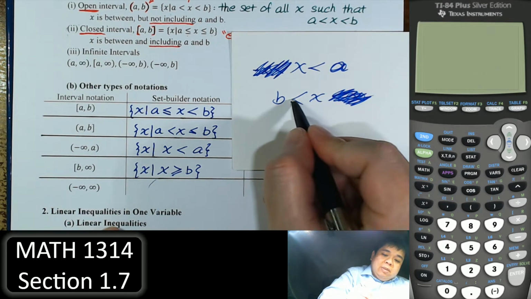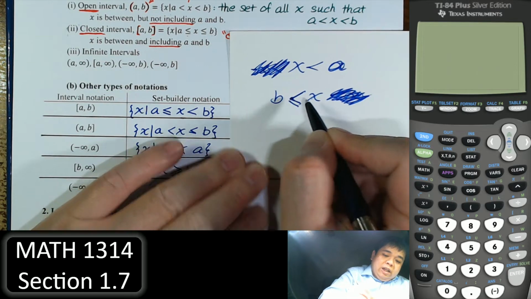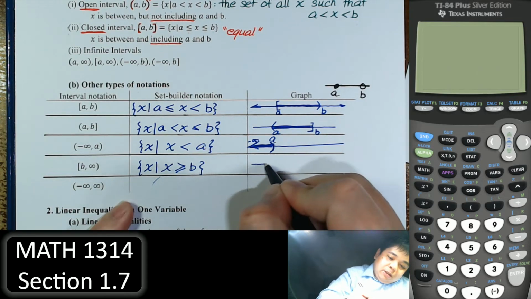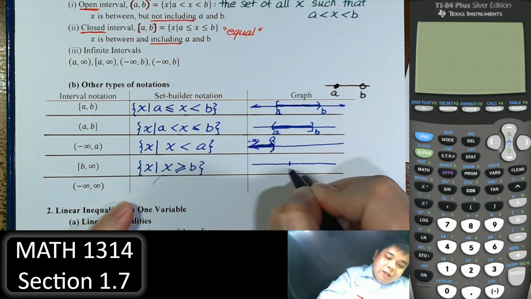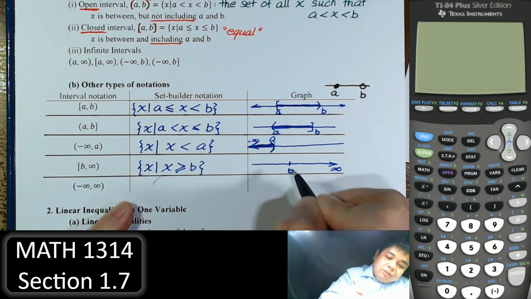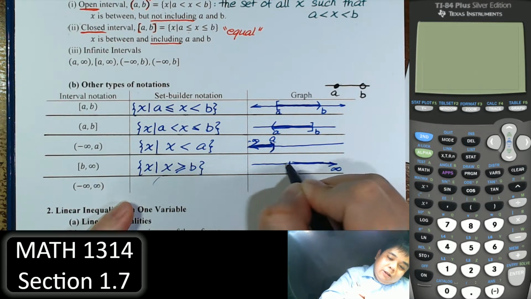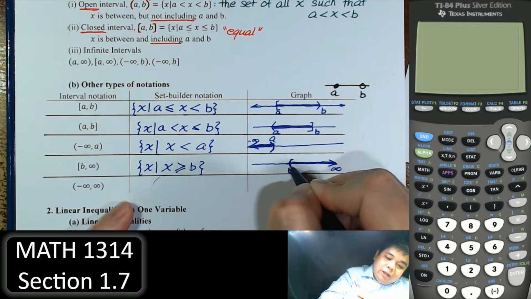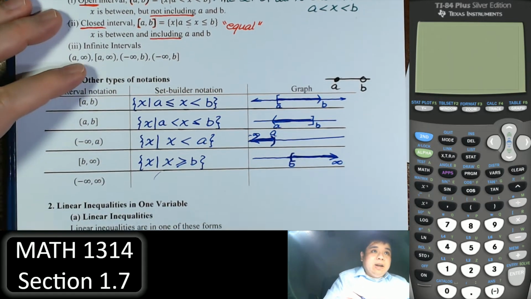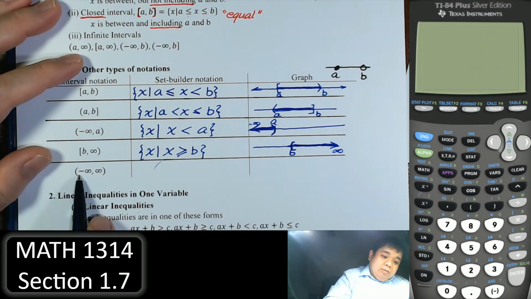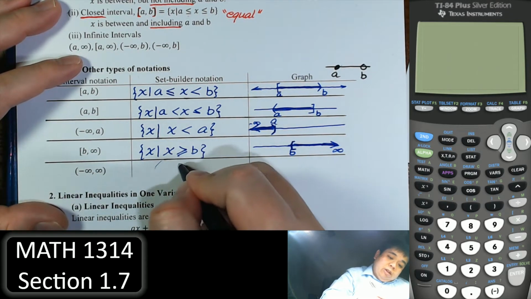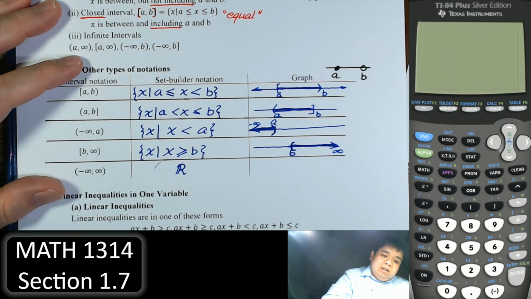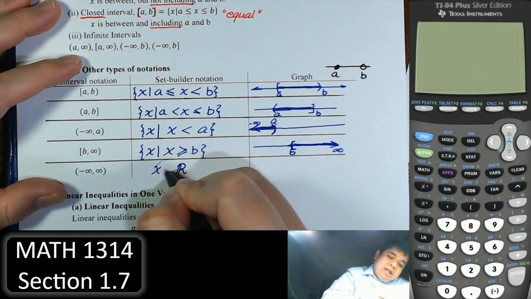Notice that the b still gets the pointy end of the inequality. So go from b to infinity, including b with the bracket, and here from negative infinity to infinity, we just say the set of all real numbers. We just say x is a real number.